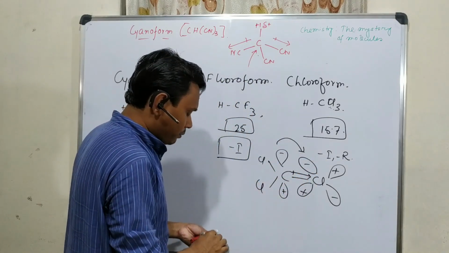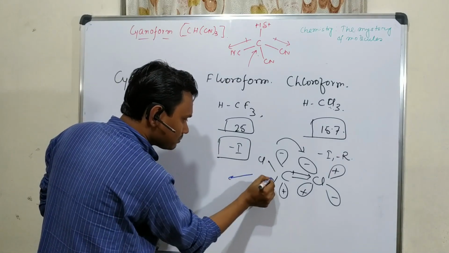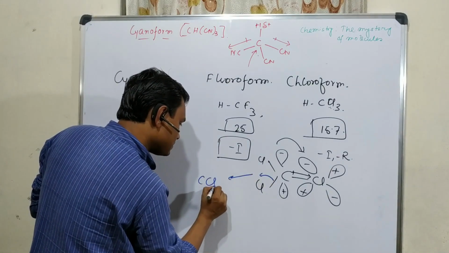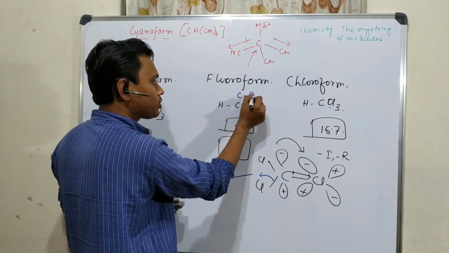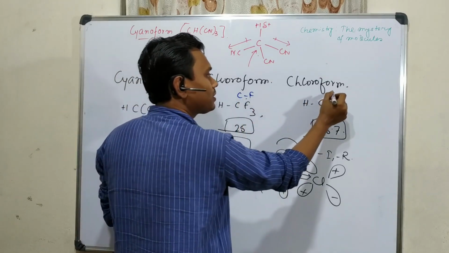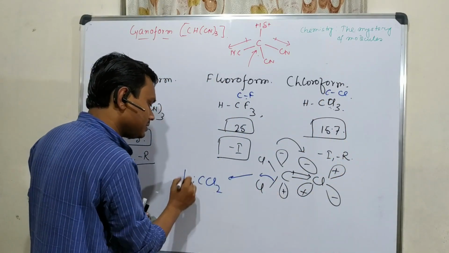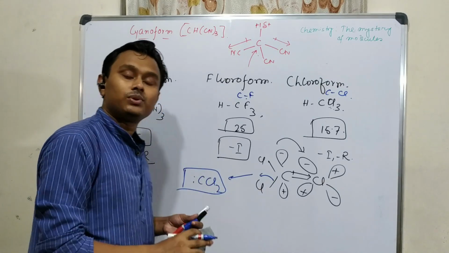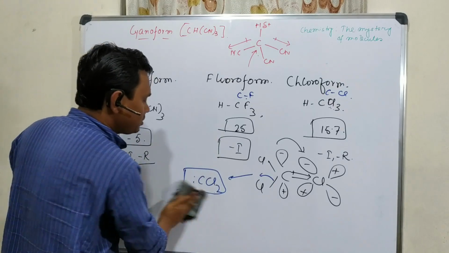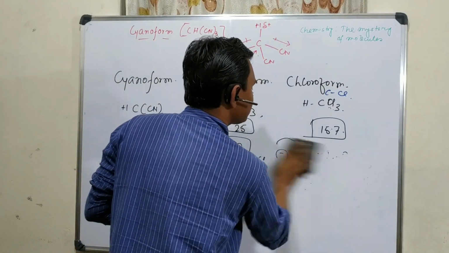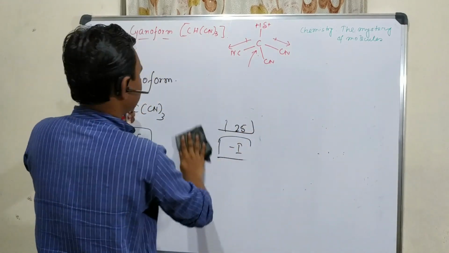So in this way, and the second point is that this molecule eliminates one chloride, for example this, and produces Cl2, because the CF bond is shorter than CCl. So that's why this elimination is possible, and it produces CCl2 carbene, which is utilized in the Reimer-Tiemann reaction. So I guess you have understood this comparison study with chloroform, fluoroform and cyanoform.